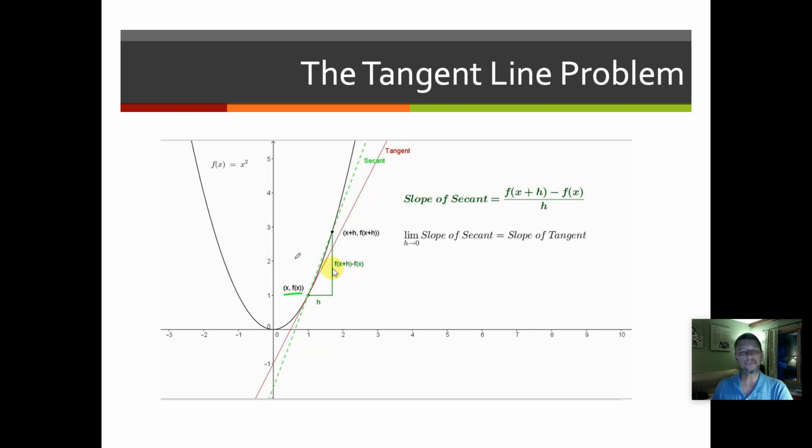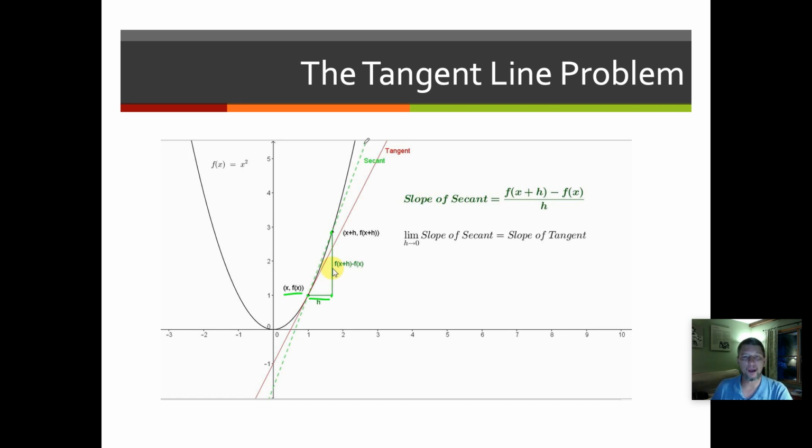But I chose a second point on the curve, which I'm going to call x plus h, because if this is the value of x, this is the value x plus h. And so the difference between these two is h. And so this is the point x plus h, comma, f of x plus h.